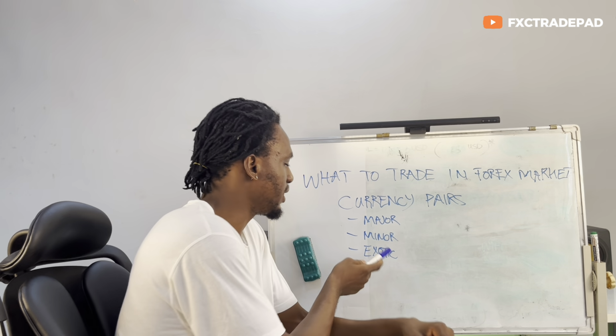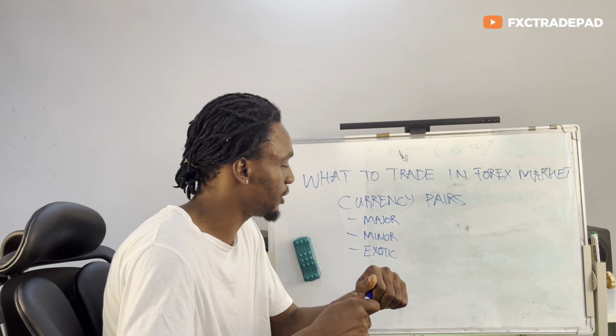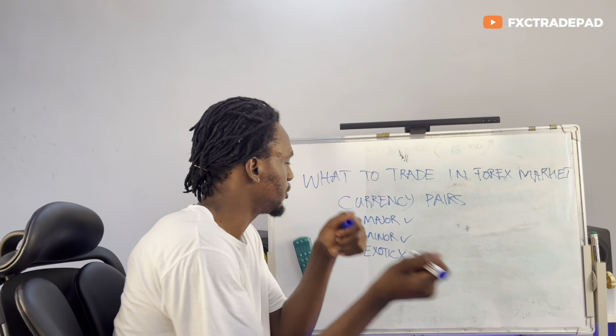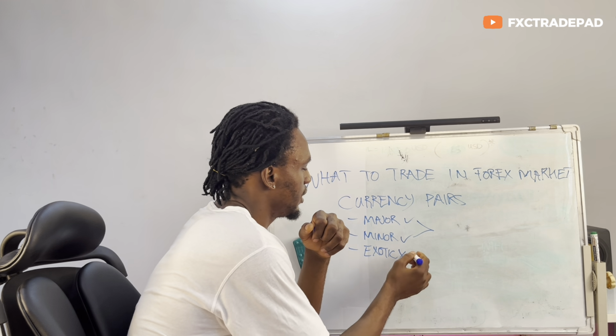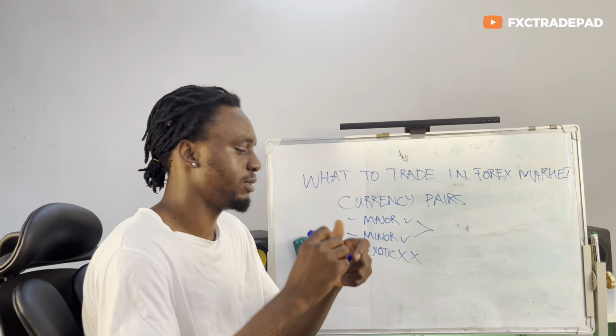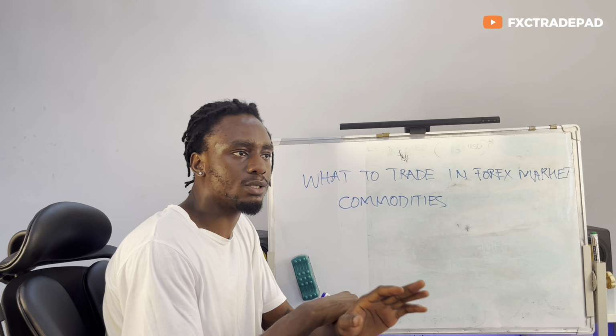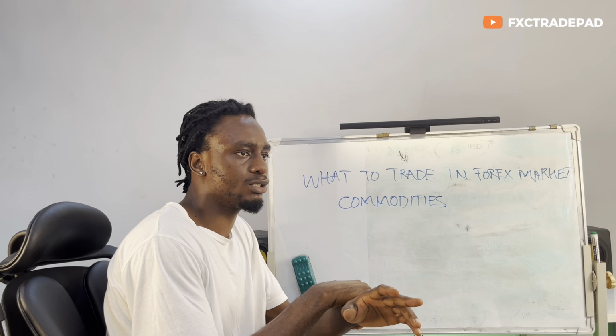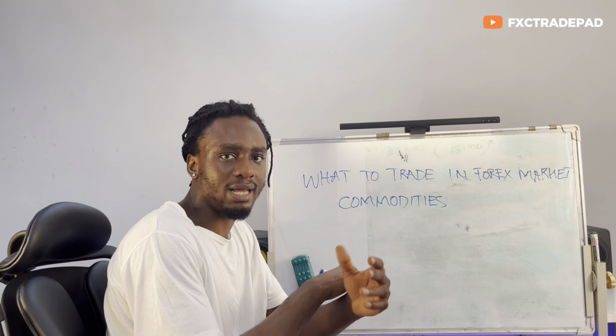That is what we mean as exotic pairs. So we don't trade this, and we'll trade this and this. But my own recommendation to you is to just pay attention to these two and forget about this one.